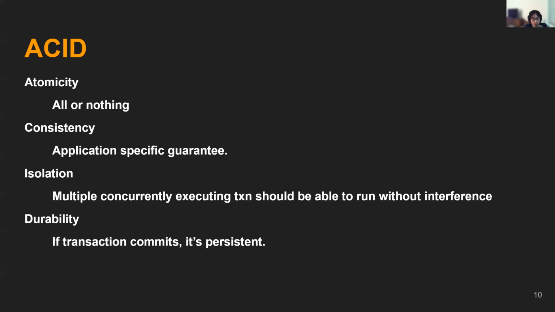The fourth term is called durability. Durability is pretty easy to understand. If a transaction commits, all of the data modified by this transaction should be persistent. If you think about it at a lower level, it means that if your transaction has modified many data pages but hasn't flushed them, durability means that you have to eventually flush them into the disk so that they persist.